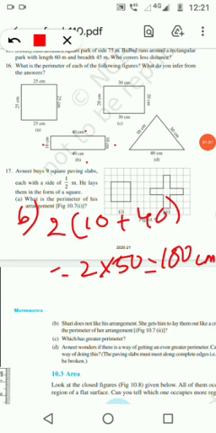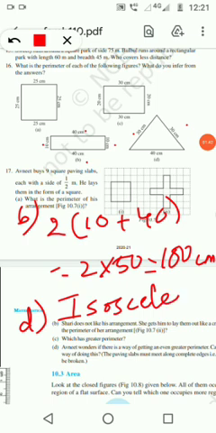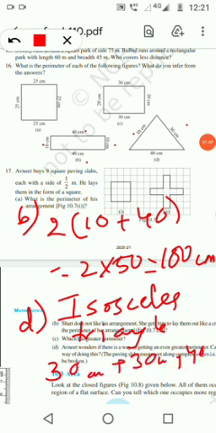Okay. Question number D. It is two sides 30 centimeter, so it is an isosceles triangle. So what is it? 30 centimeter plus 30 centimeter plus 40 centimeter, that is equal to 100 centimeter.